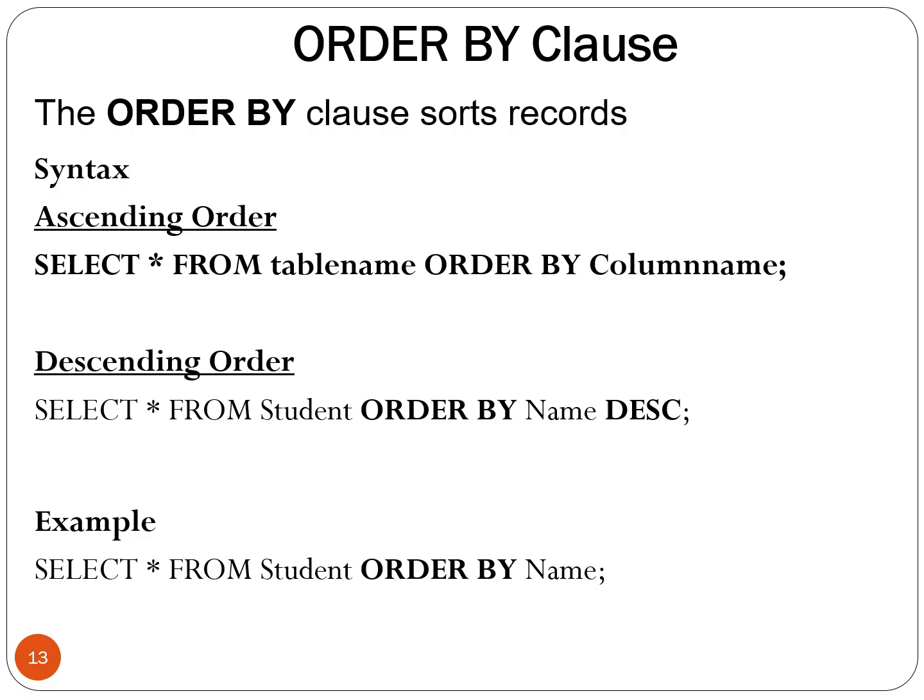Order by name sorts the student records by name in ascending order. So by default it is ascending order. Order by name DESC sorts the names in descending order.